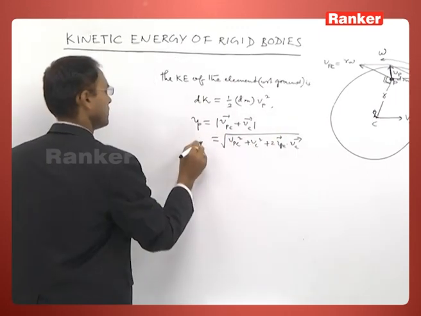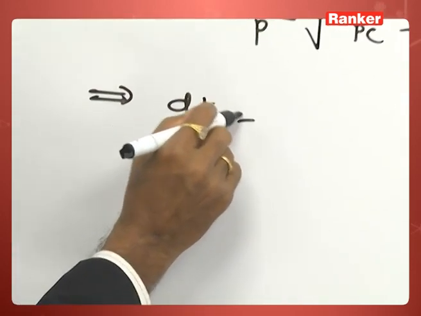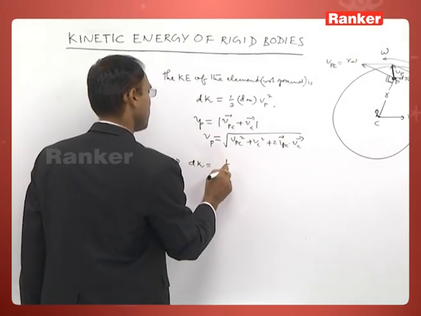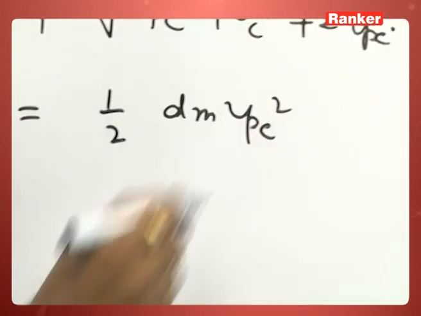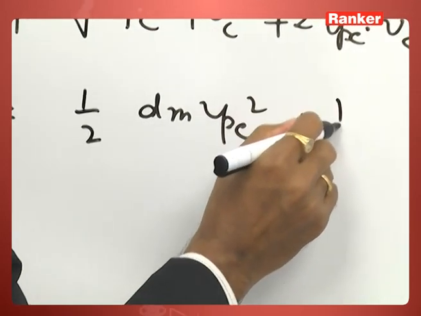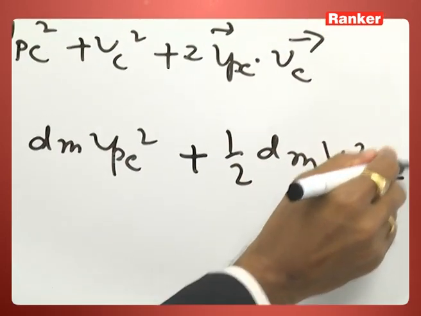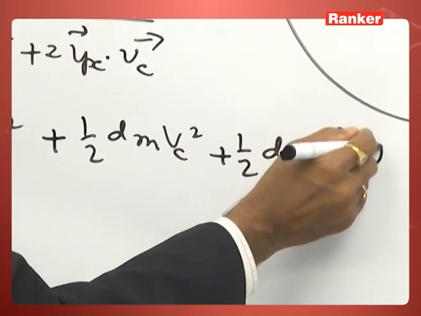Then you can write the kinetic energy of the element as half dm Vpc square plus half dm Vc square plus dm Vpc dot Vc.